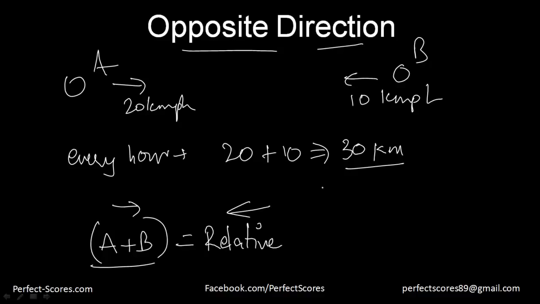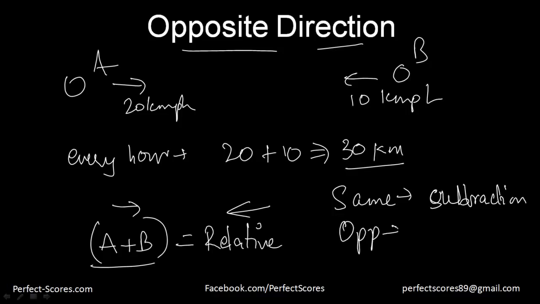You must know this from the very beginning of this video, which is why I'm not wasting too much time on it. When the cars travel in the same direction, the speeds get deducted, so there is a subtraction involved, and when the cars travel in opposite directions, the speeds get added, so there is an addition involved. I suppose you already know that.